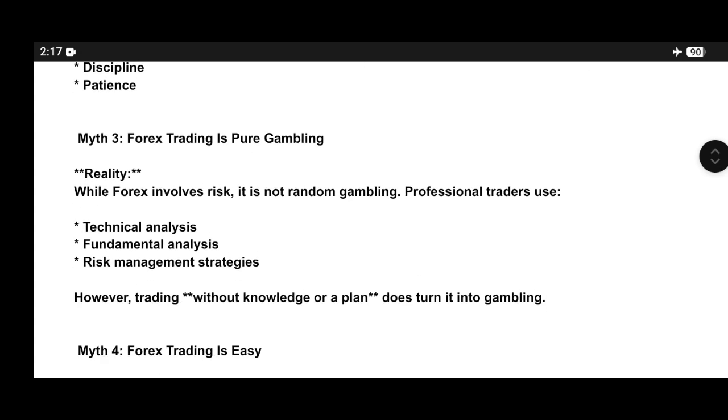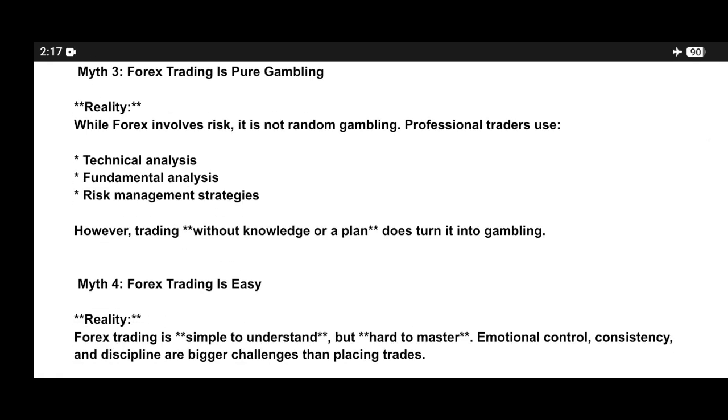The third myth is forex trading is pure gambling. But in reality, while forex involves risk, it is not random gambling. Professional traders use technical analysis, fundamental analysis, and risk management strategies. However, trading without knowledge or a plan turns it into gambling.